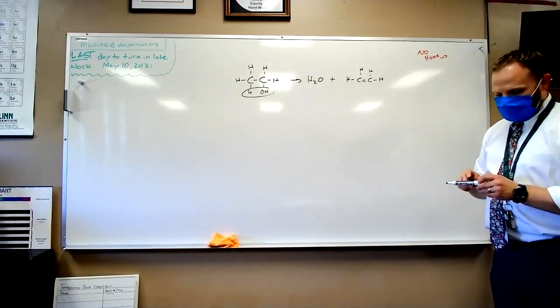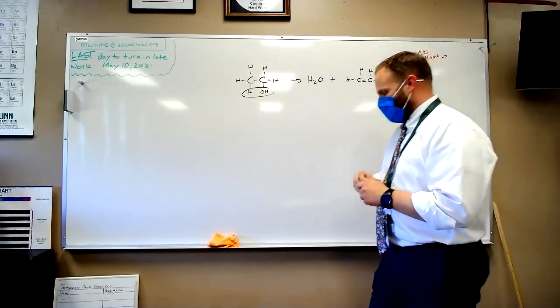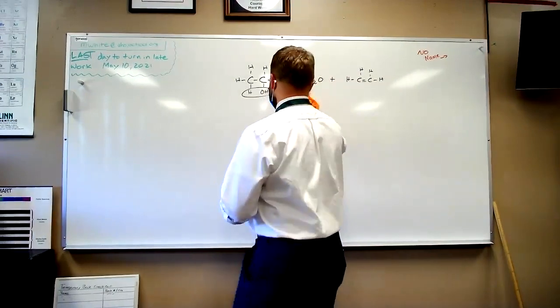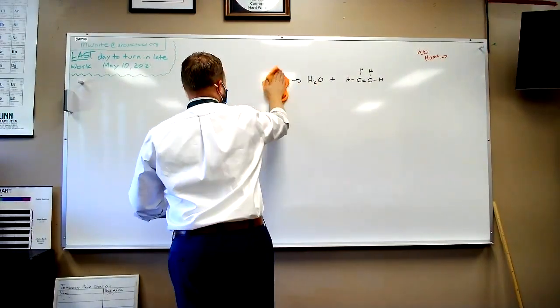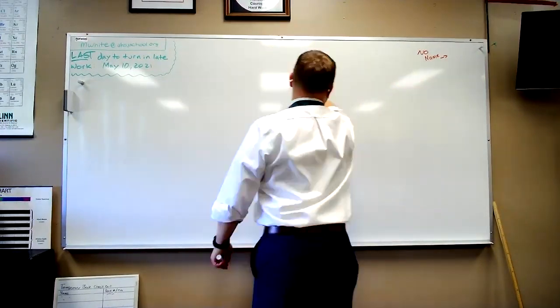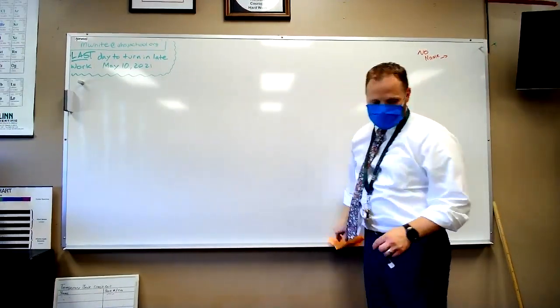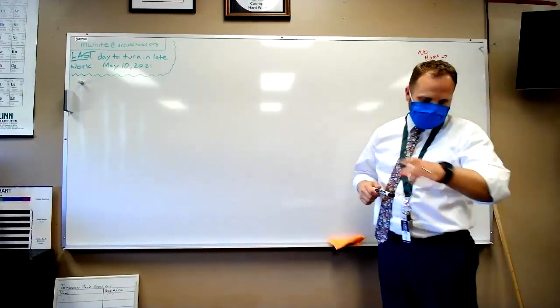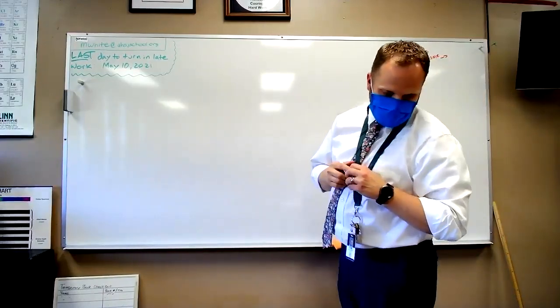We can also go the other direction. Instead of elimination, we can have addition reactions. Now for addition reactions, there is a summary of all of these on page 804.